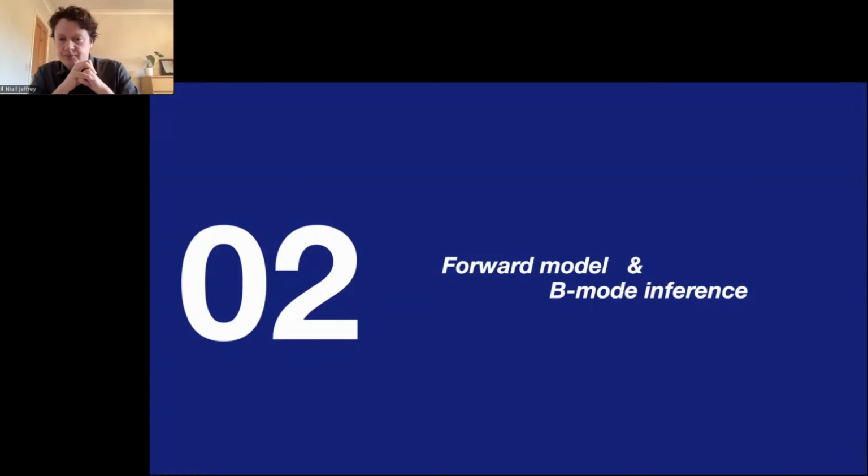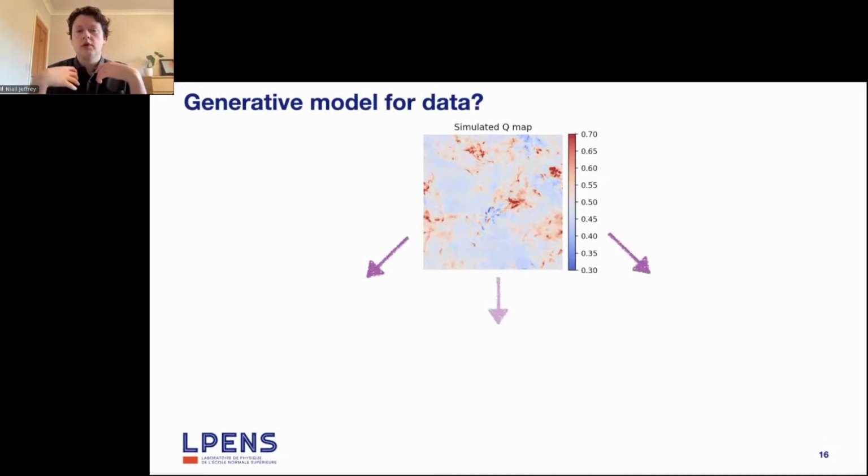Okay. So this is now where a different aspect comes in, which is how we generate these realistic CMB foregrounds. So we want a generative model for the data. I want to be able to synthesize signals. The signals are easy because we assume the underlying CMB signal is Gaussian. But the foreground dust is extremely difficult to simulate.